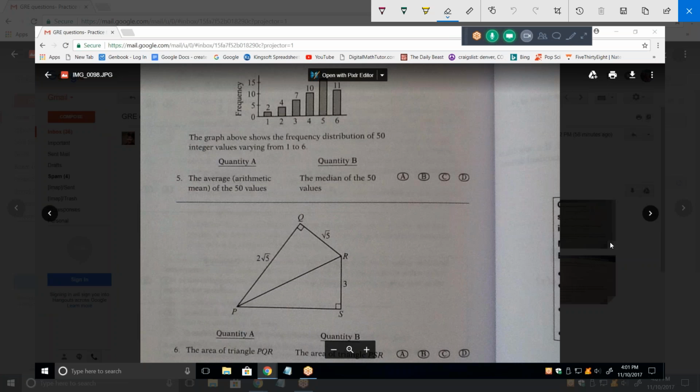Whatever that is, it is, and you could also figure out the other one too. With that same hypotenuse versus a root 5 with that same hypotenuse, the 3's got to be bigger.